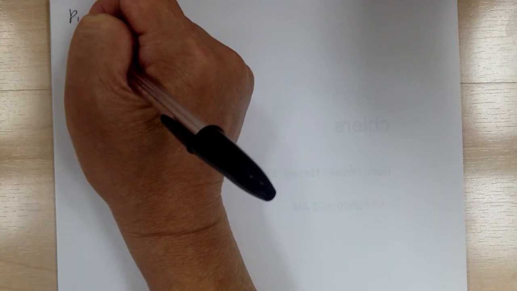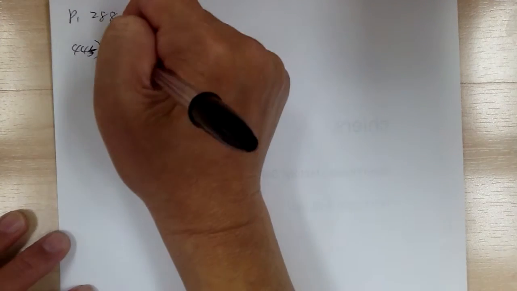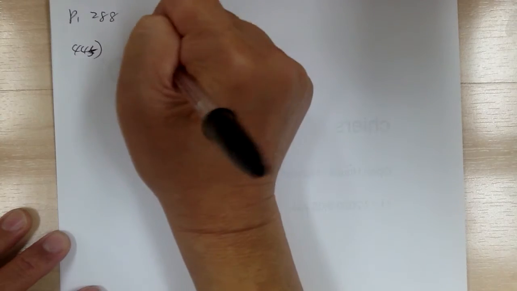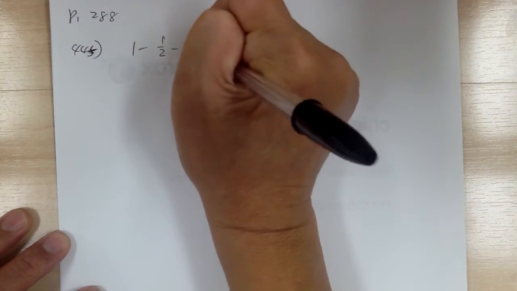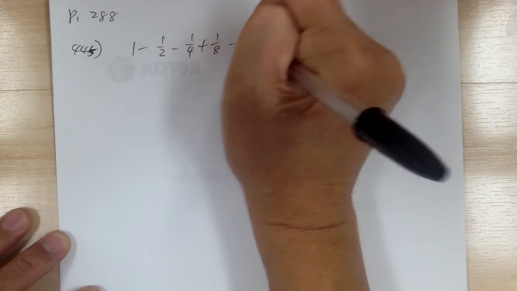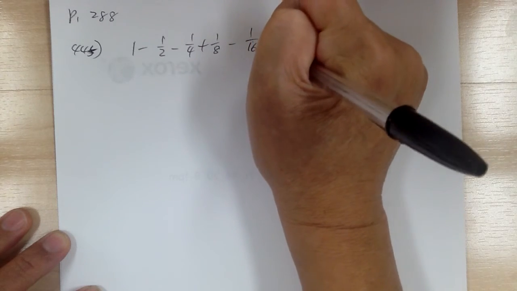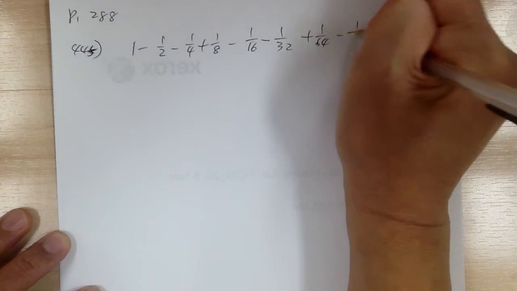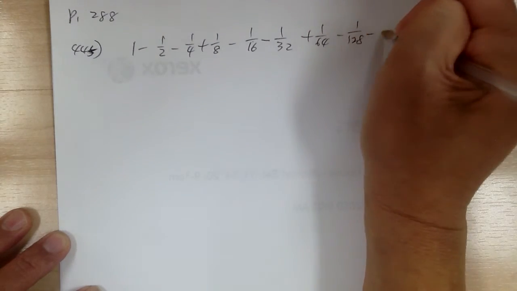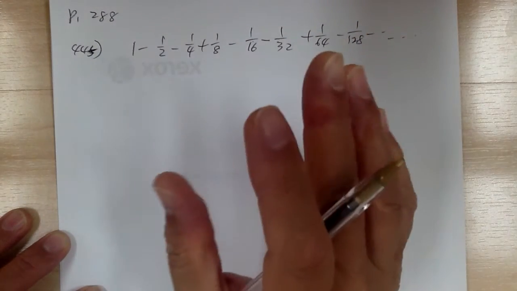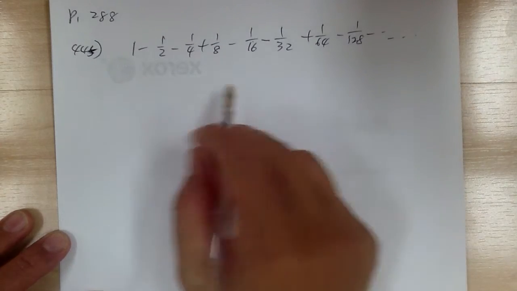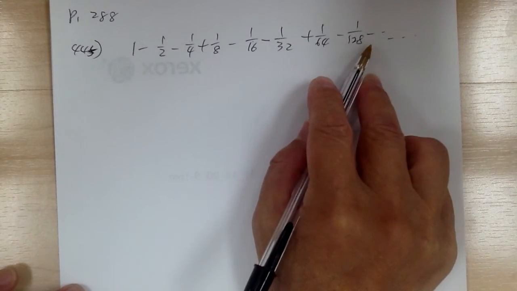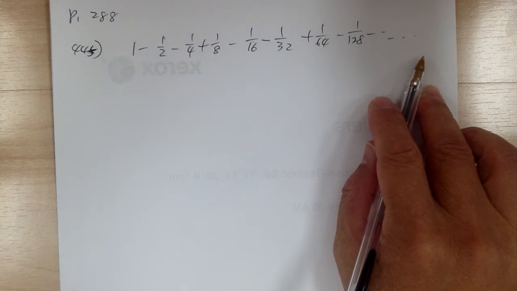Okay, so for 45, you want to find the sum of 1 minus 1/2 minus 1 over 4 plus 1 over 8 minus 1 over 16 minus 1 over 32 plus 1 over 64 minus 1 over 128 minus dot dot dot. Okay, so notice that if it's all minus, then you can just make it into one series.